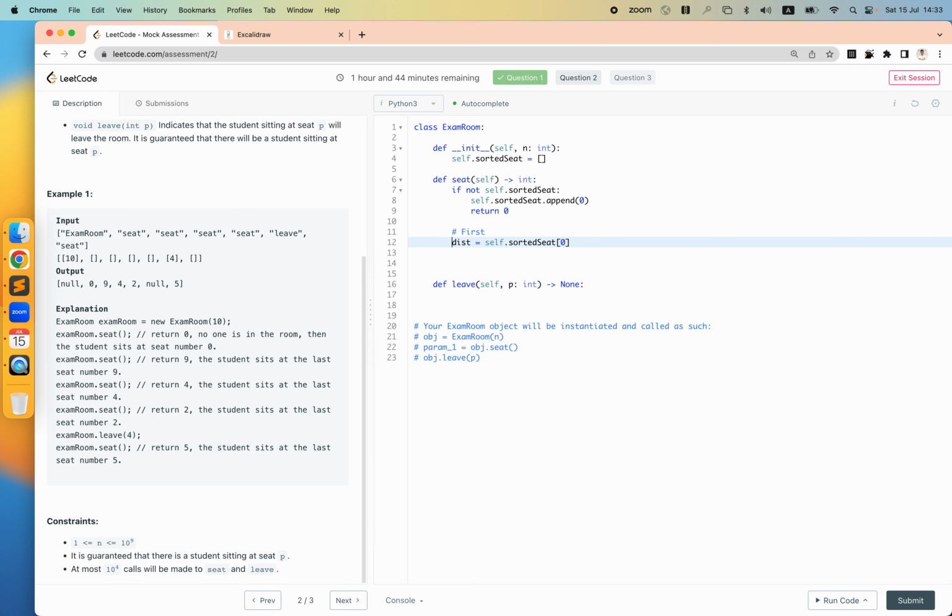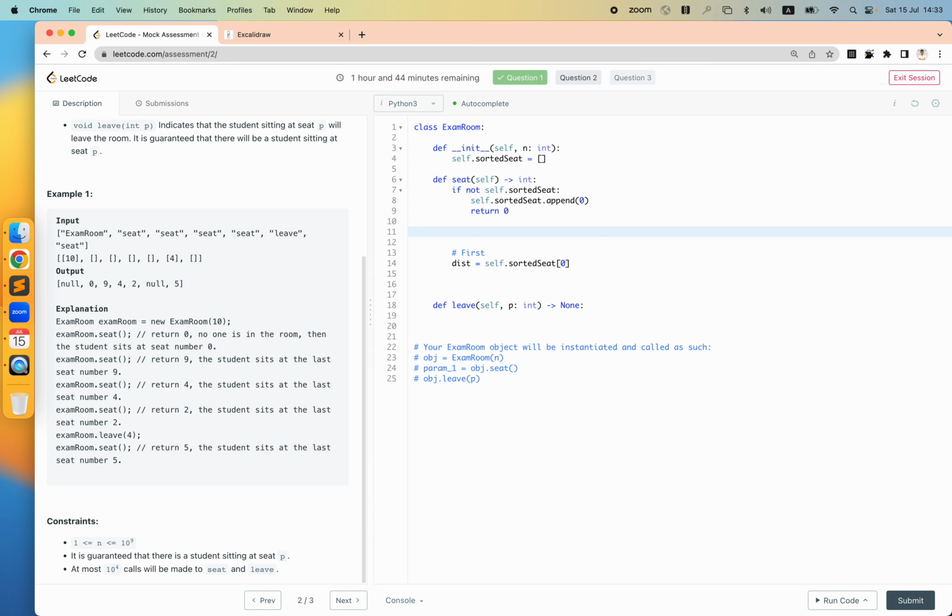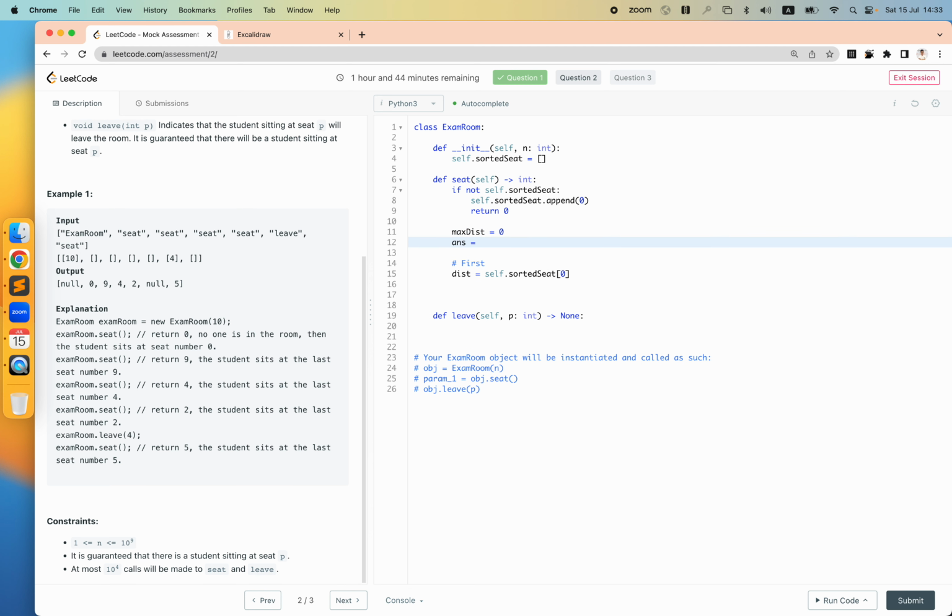I need to find the minimum distance. So maximum distance will be 0, and the answer will be 1, okay.